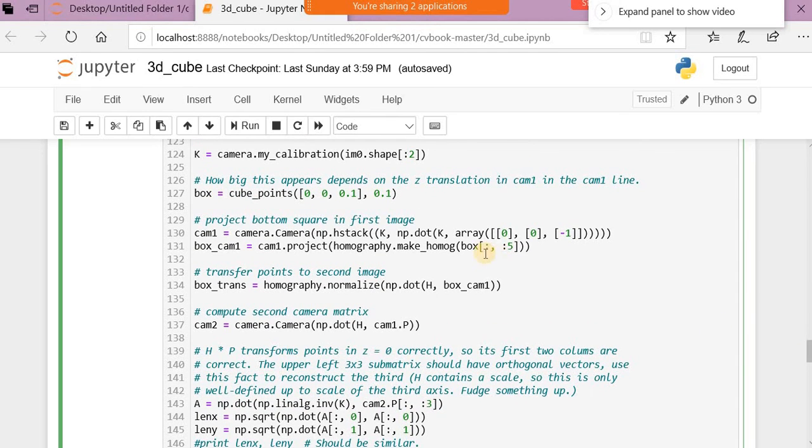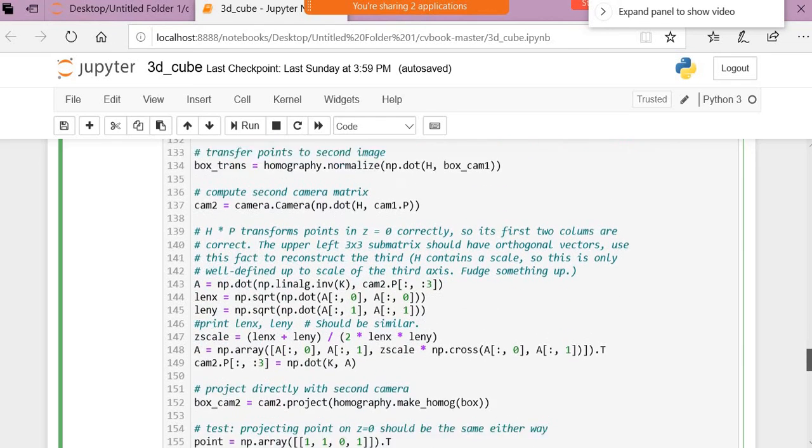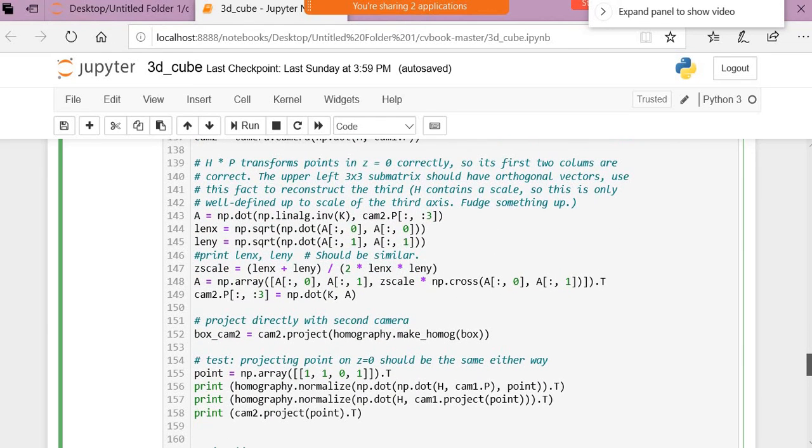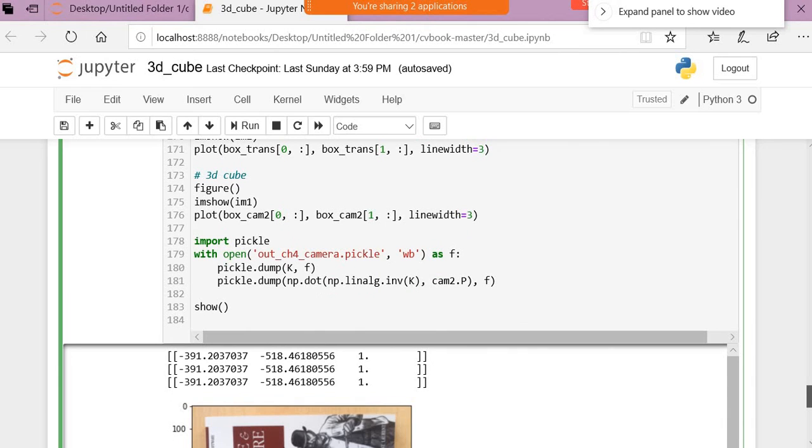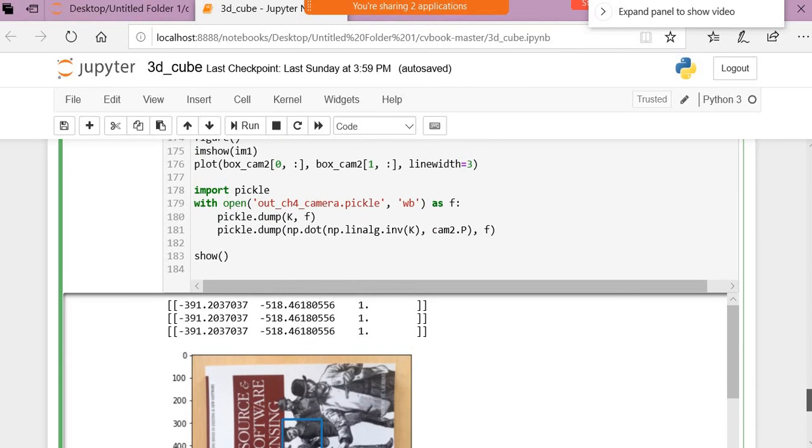The calibration parameters are calculated automatically for the focal length, that is fx and fy, and dx, dy and dz. All of these are calculated automatically. You can see the length of x, length of y and z scale. Now I have to plot the images. For the plotting I use the pickle parameter that I already mentioned in the previous lines above in this code. From the pickle I will get to know the best features.